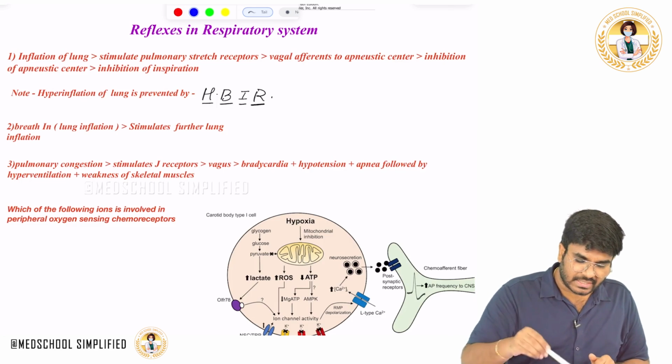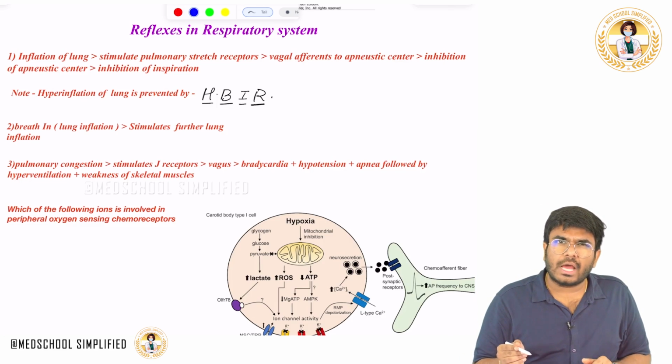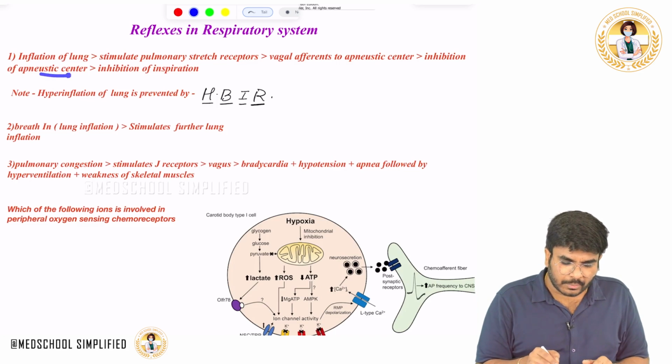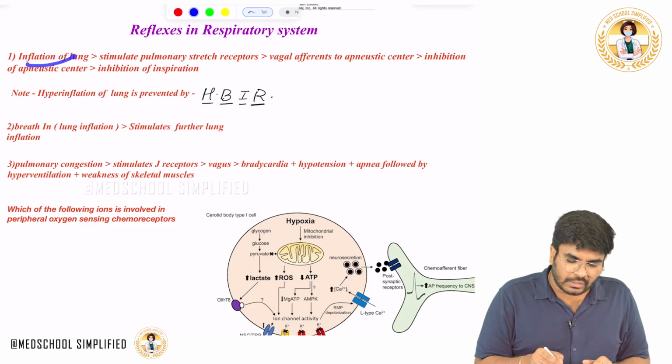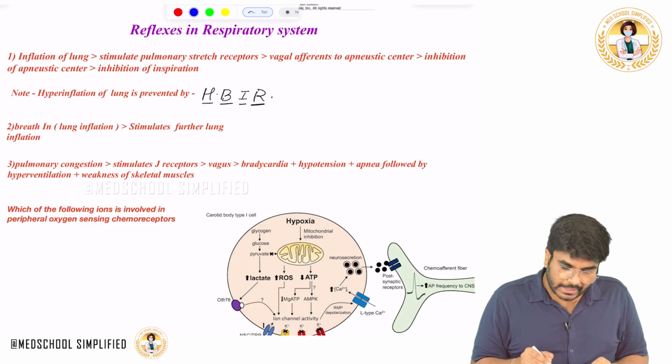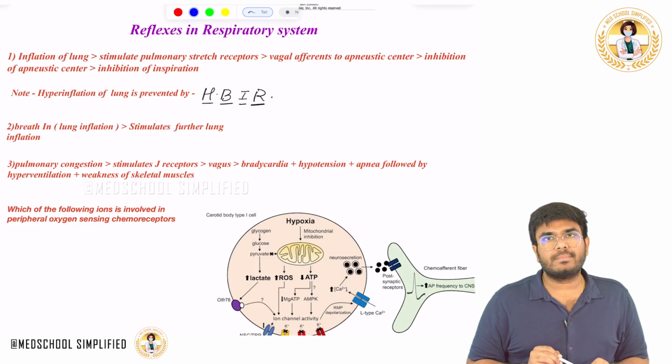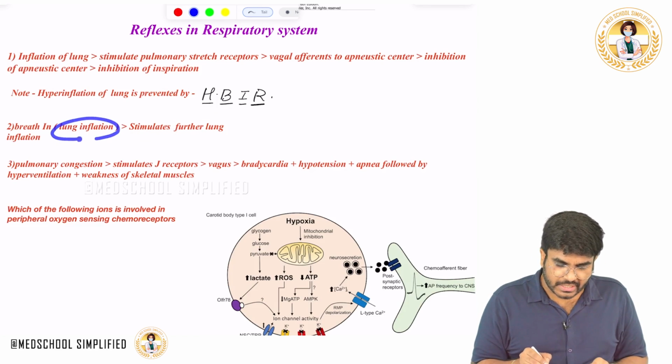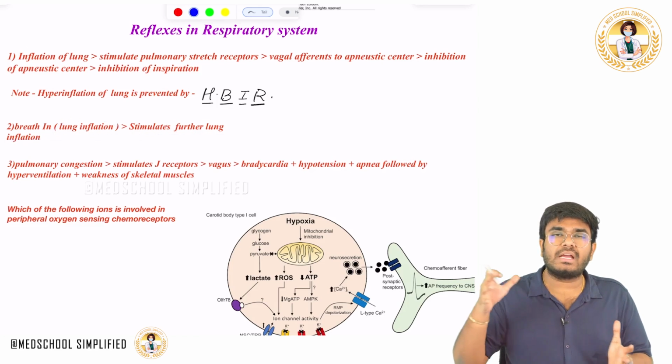So this is something unusual, right? What is the Hering-Breuer inflation reflex telling you? Inflation should stop inspiration. But here, inflation is further promoting the lung inflation, further promoting the lung stretch.